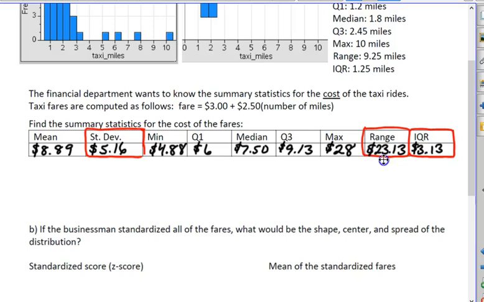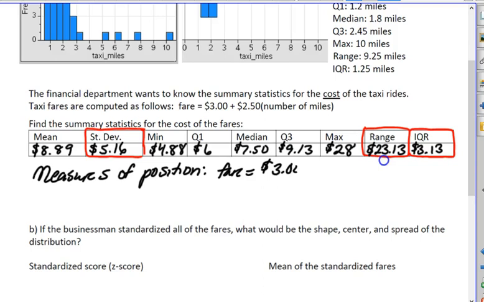So let's just kind of summarize here. So measures of position, to calculate those, we're going to do fare equals $3 plus 2.50 times number of miles. And those are going to give us different measures of the fare.